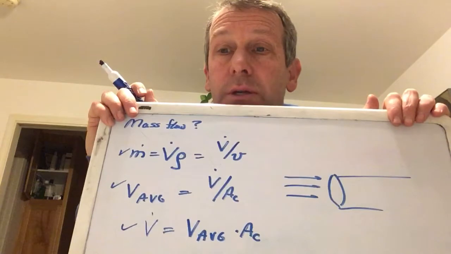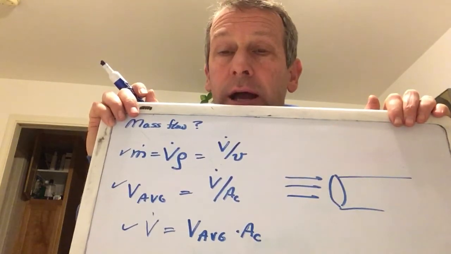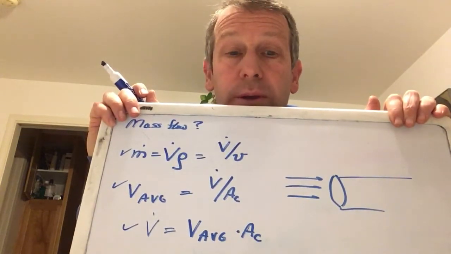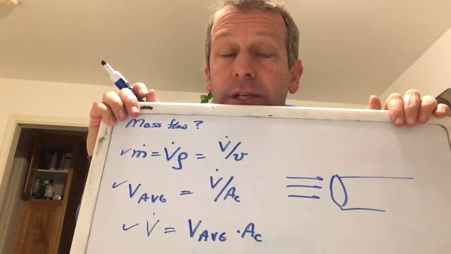The last thing is that we can combine the mass flow rate equation with the volumetric flow rate to get a single equation that's very useful too. Mass flow rate is density times average velocity times cross-sectional area.